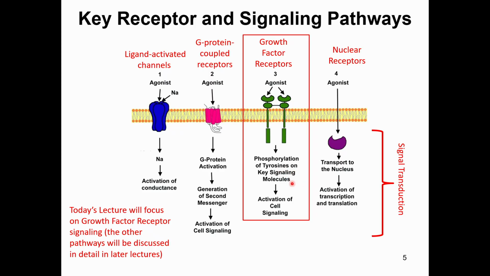They can make use of second messengers as well. Ultimately, they activate pathways that result in cell signaling, often leading to growth and proliferation. Because they're growth factor receptors, what do growth factors do? They often stimulate cells to divide. So that's the general thing we'll be going through.